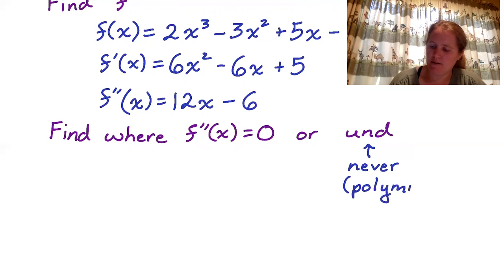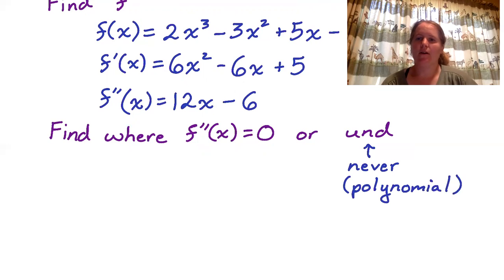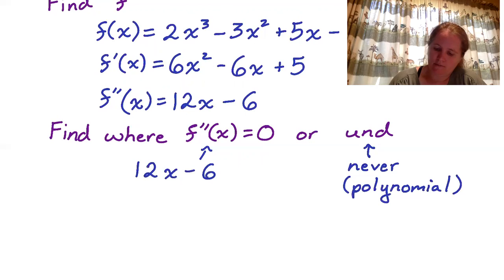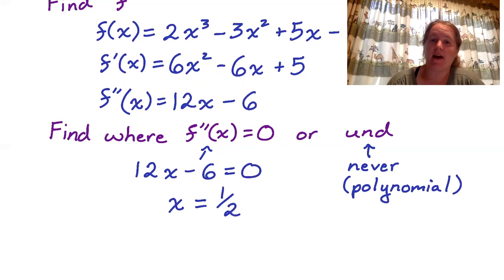Polynomials are always defined, right? Unless it specifies x does not equal whatever. Then we want to find where the second derivative equals 0. We are looking for 12x minus 6 equals 0. And that happens when x is equal to 1/2.